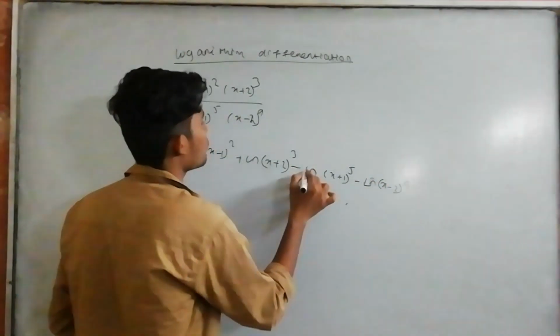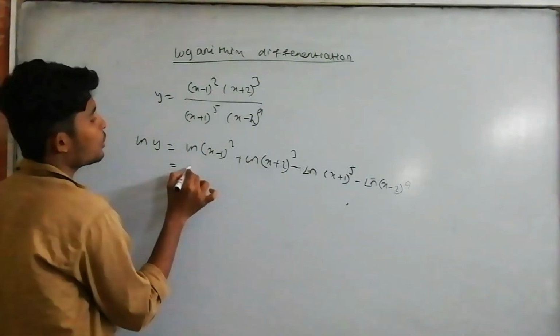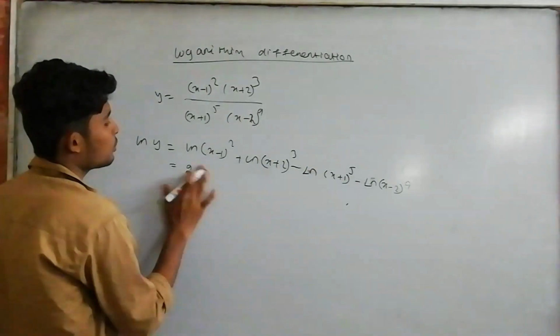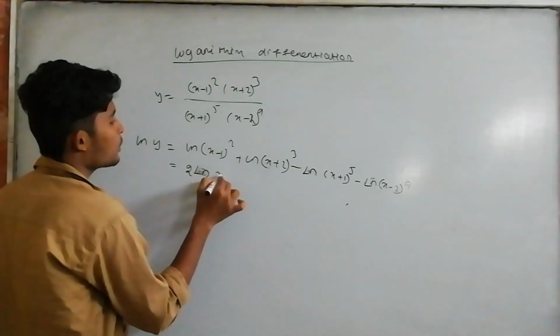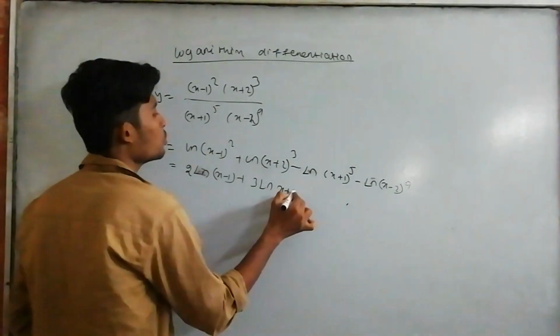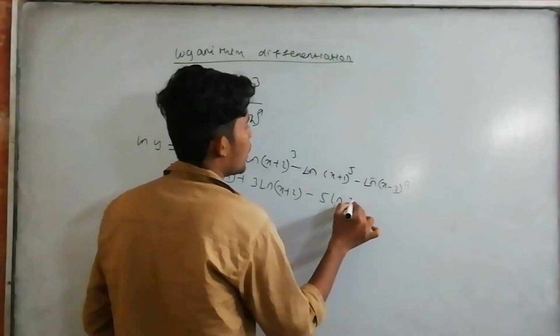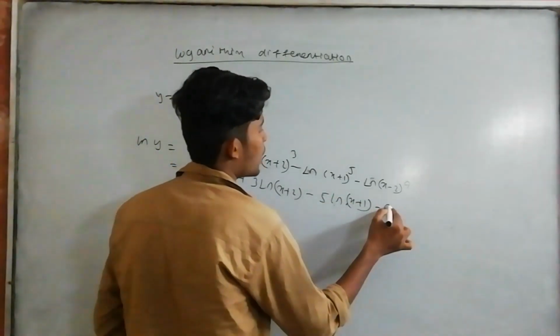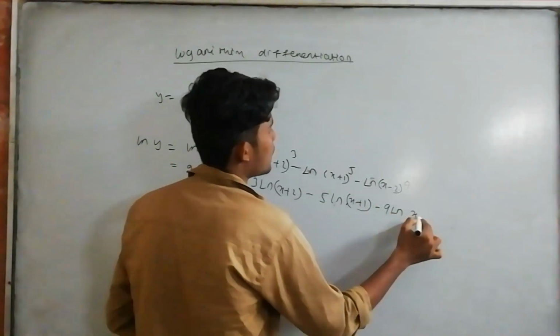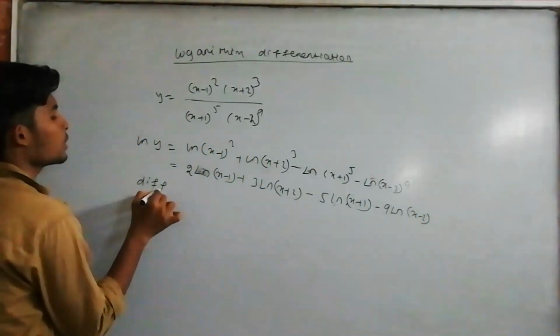So simply you can write it as 2 ln(x minus 1) plus 3 ln(x plus 2) minus 5 ln(x plus 1) minus 9 ln(x minus 2). Simply differentiate with respect to x.